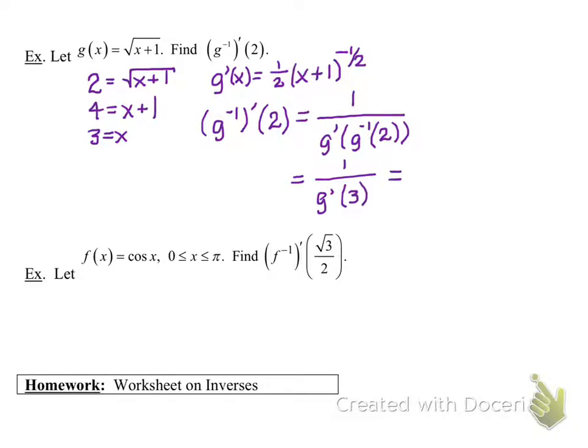And G prime of 3, when we do the math, would give us, I'm going to use a highlighter, I think. 3 plus 1 is 4. Square root of 4 is 2.